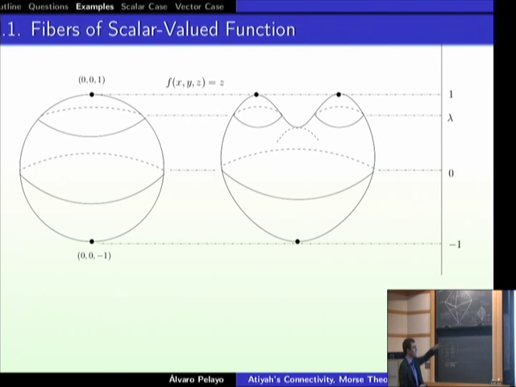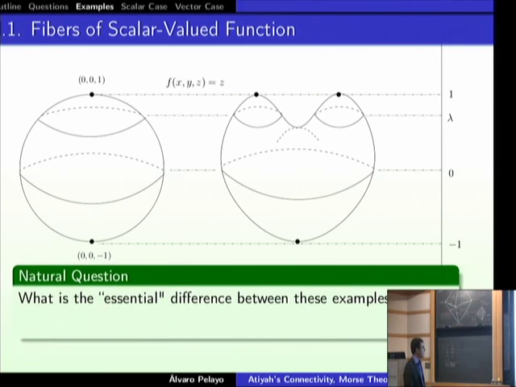And you keep going down, and the fibers have 2 connected components until you cross this value here, this value lambda, and then your fiber becomes connected again. So here you have 2 functions, or 1 function defined onto different spaces, and the fibers in one case are connected, and the fibers in the other case are not connected. Now, what is the essential difference between these 2 examples? And of course, it's screaming at us, the essential difference, which is one of them has a bump, right? One of them has a saddle point.